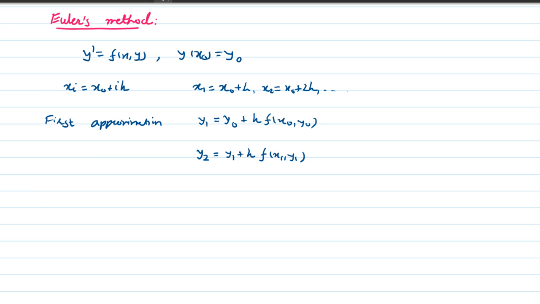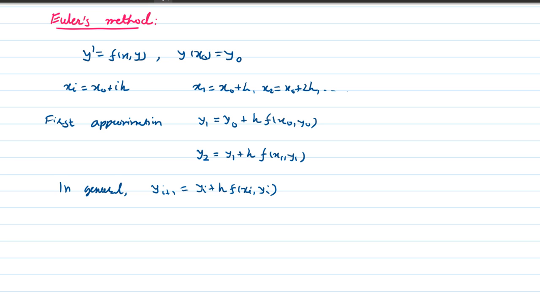So in general, yi plus 1 is nothing but yi plus h times f of xi comma yi. So this is how we have to find it. This is called Euler's approximation, and by this method we can find the solution.